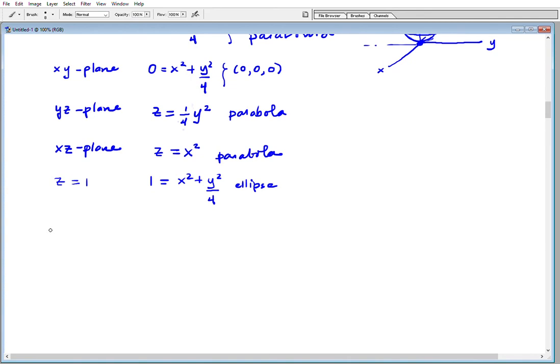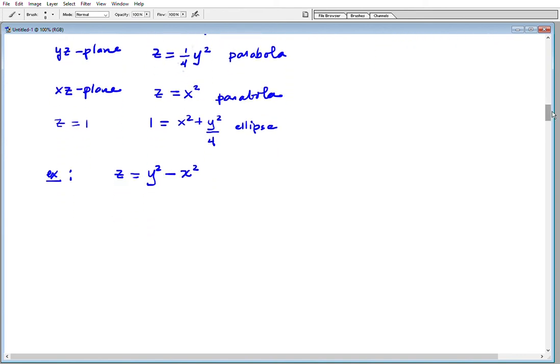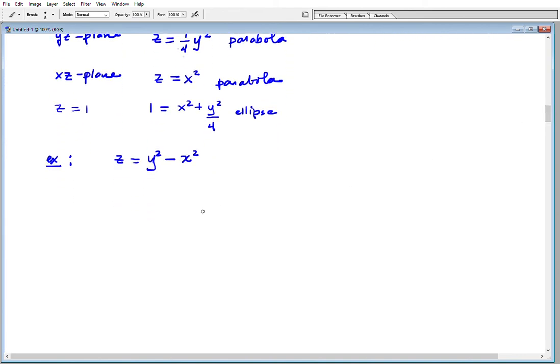Okay, now here's one that we haven't seen yet. But we'll get familiar with this quadric surface. Okay. And let's look at the traces, and we'll try to figure out what this looks like from the traces.